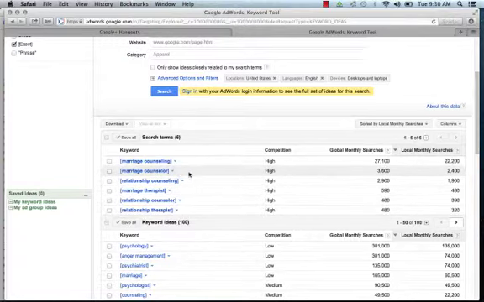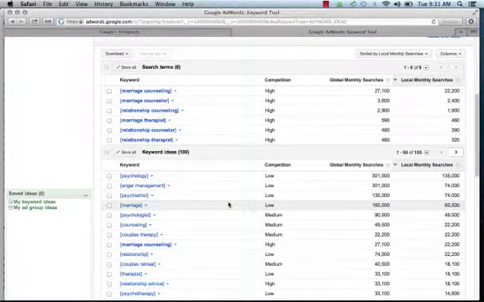So right here, this gives you an idea. People are not really looking for relationship counselor or relationship therapist. They're looking for relationship counseling, marriage counselor, and marriage counseling. That's by far 10 times the most popular term.